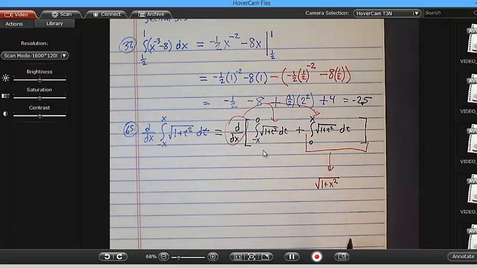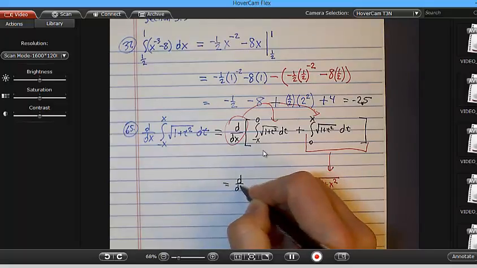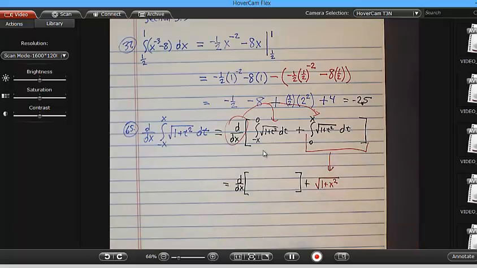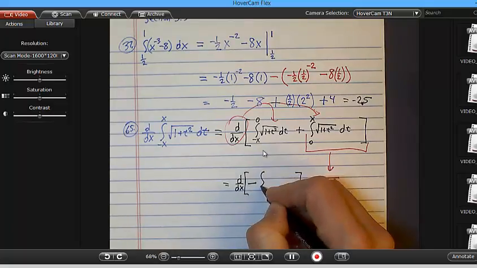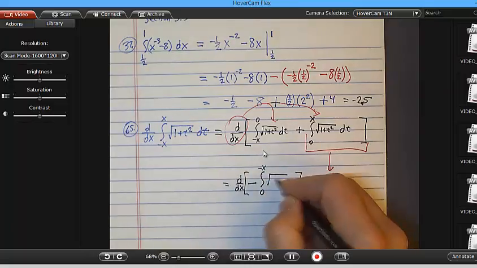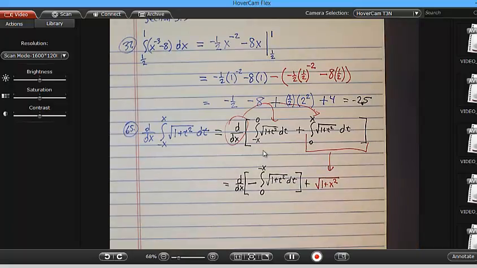Well, there's another trick I've done one time in this class, and here comes time number 2. I'll say that this first piece equals the derivative of negative integral 0 to negative x of square root of 1 plus t squared dt. Why?